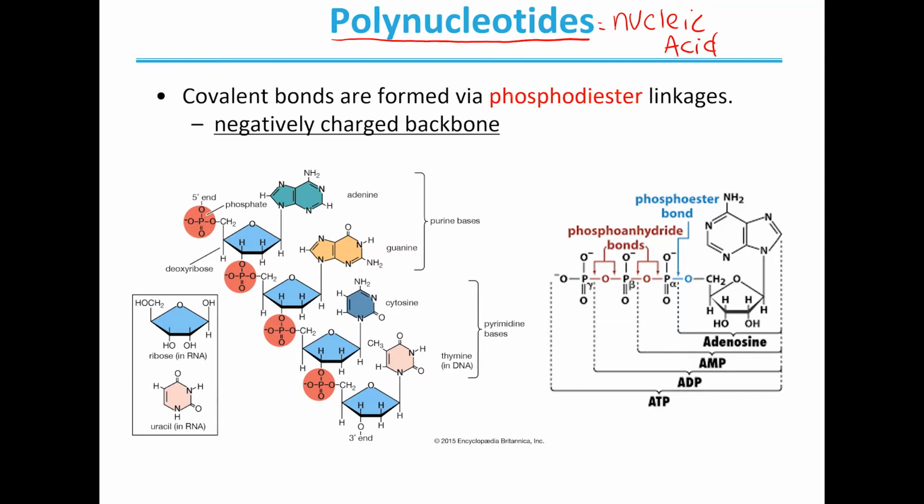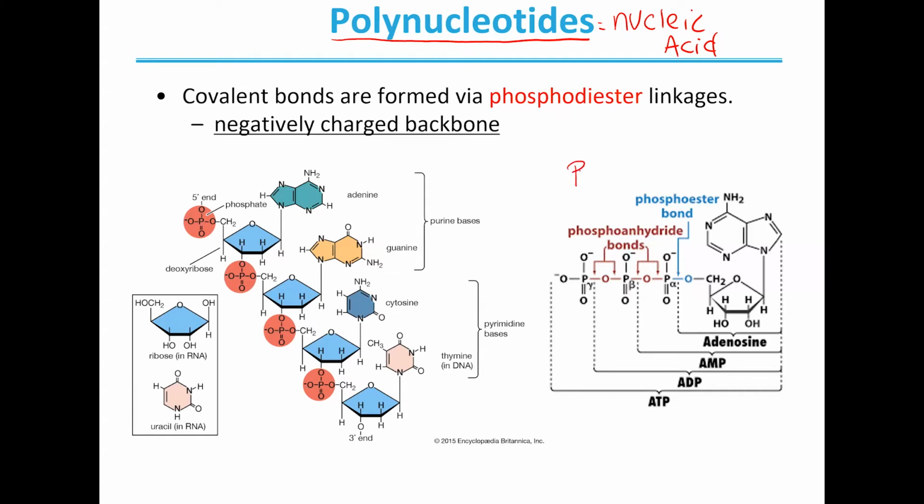So again, these polynucleotides, these nucleic acids, like DNA, RNA, when they strand together the nucleotides, they form a phosphodiester linkage. That is where this phosphate group, remember our phosphate group, uses those O negative bonds.